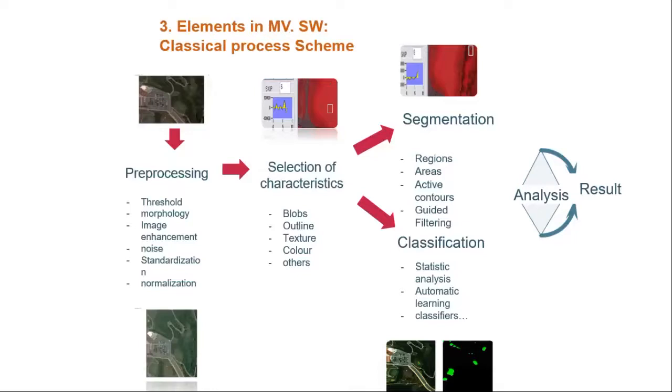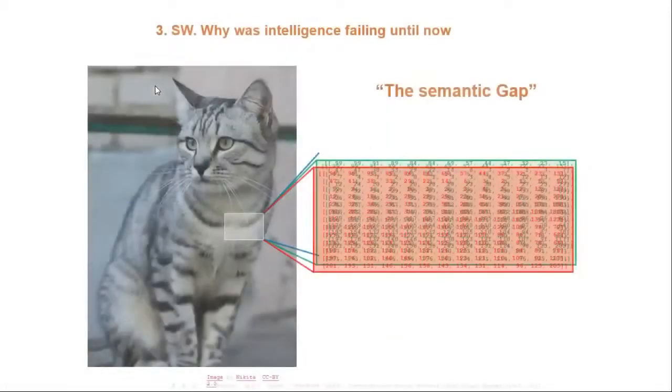They selected the kind of characteristics that would be used in segmentation, classification, both of them, and after that, analysis and result. Okay. But what was the problem here?